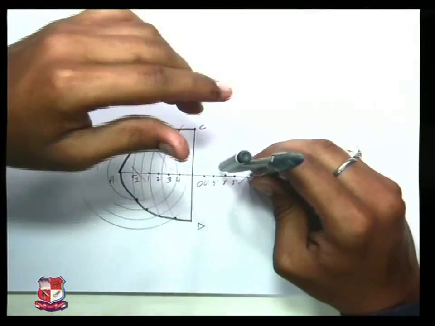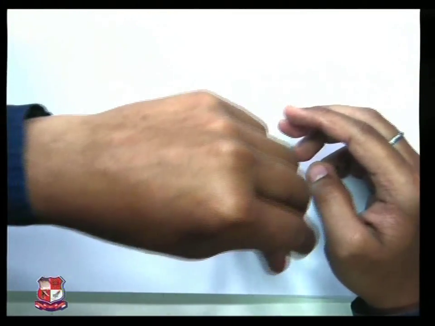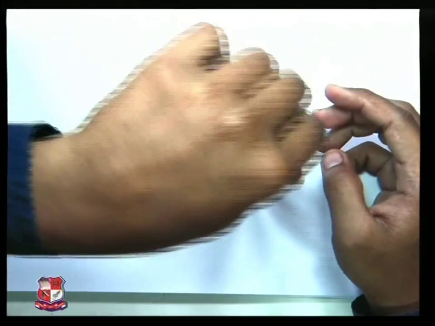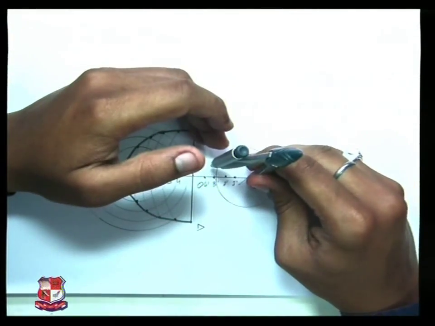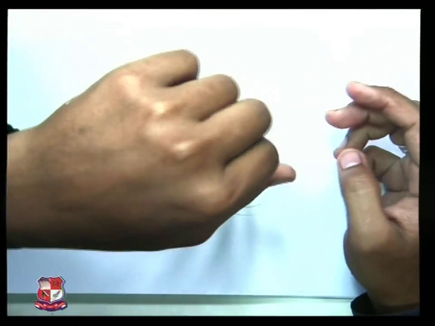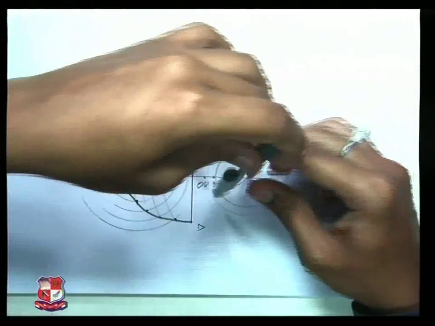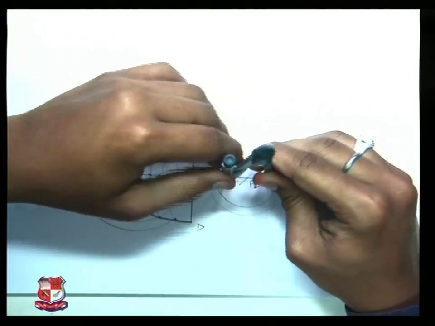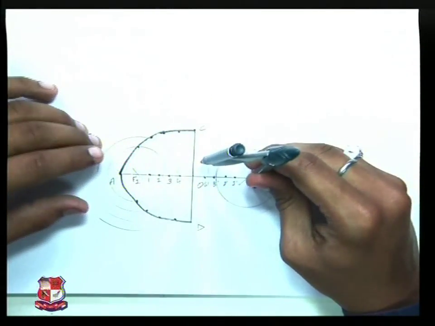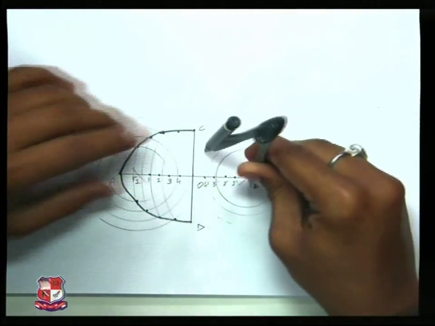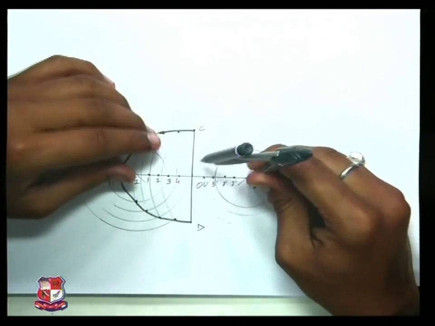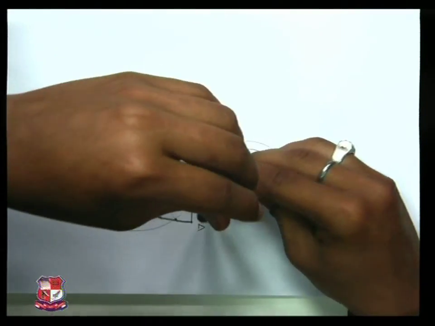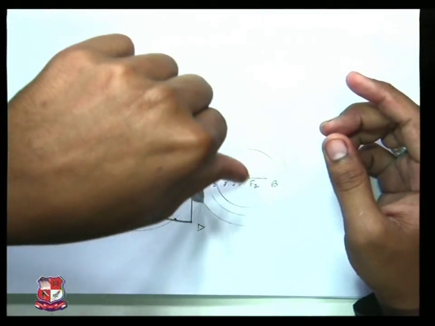B1 dash, F2 as center, draw an arc. B2 dash, F2 as center, draw an arc. B3 dash, F2 as center, draw an arc.